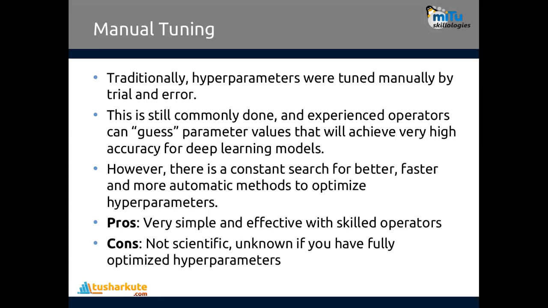This is still commonly done, and experienced operators can guess the parameter values that will achieve very high accuracy for a deep learning model. Guessing what possibilities are present, or we can do trial and error, like using a for loop also. Some developers identify the possible values, meaning good values for a particular parameter.